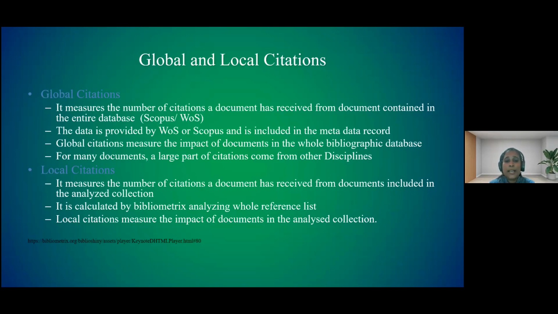That means, for environmental management accounting, these articles get citations from the Scopus database. That is the global citations. Local citations are the citations received from the documents included in the analyzed collection. We have selected 237 documents; from those, how many citations does this paper get? That is the local citation. That is the difference between global and local citations.